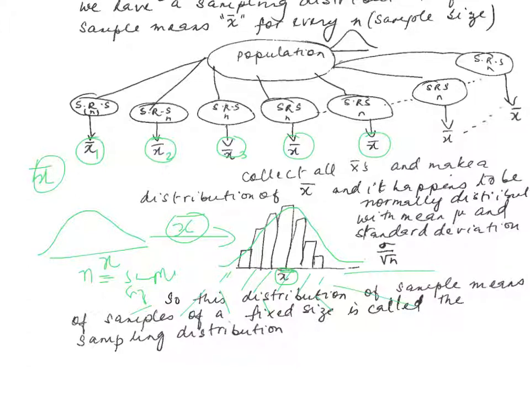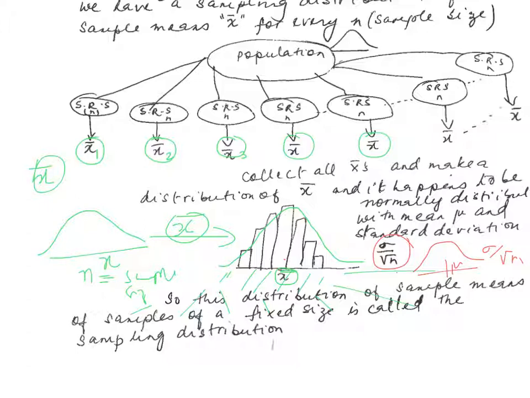This new bell-shaped distribution has center mu and standard deviation sigma over radical n. So the center of this sampling distribution is mu, but the standard deviation is not just sigma, it is sigma over radical n. It depends on the fixed sample size in the process. So sigma over radical n is the standard deviation of the sampling distribution.